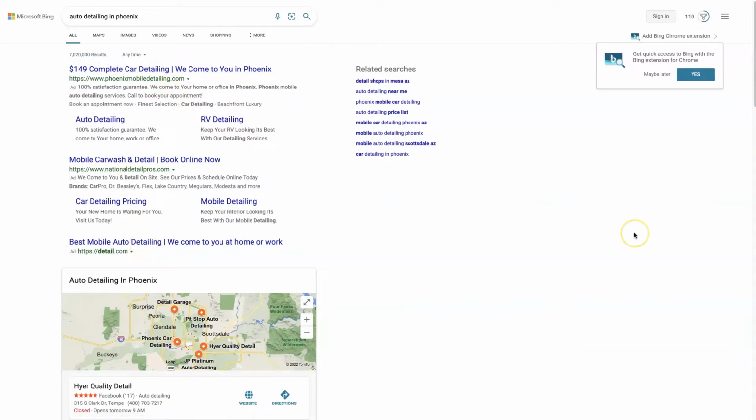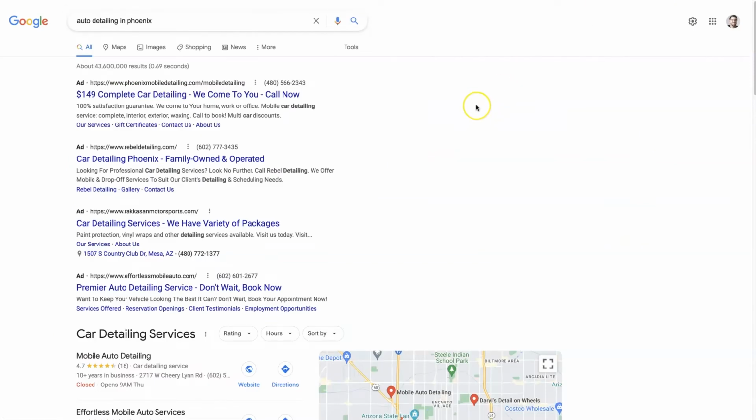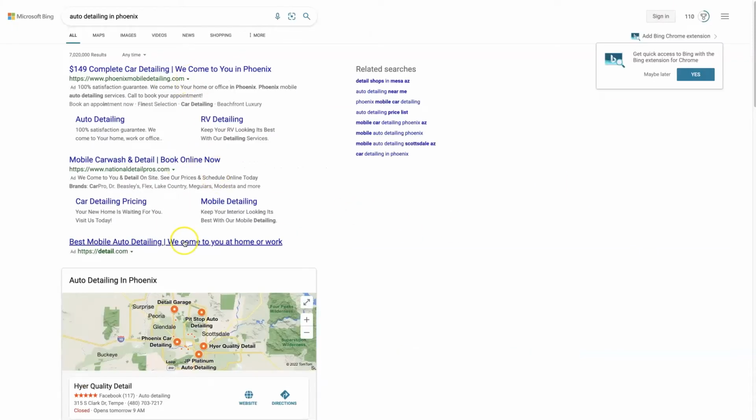Well, the main difference is the audience. About 80% of searches are conducted on Google, so that's the vast majority of the search traffic you're going to find. These ads are going to get 5 times the clicks that these will get.